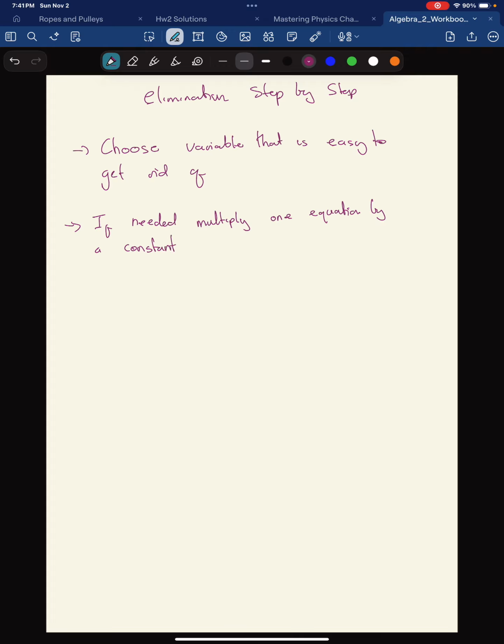This is one equation, multiply both sides of it by a constant. And then add up your new set of equations. That's the elimination step by step.